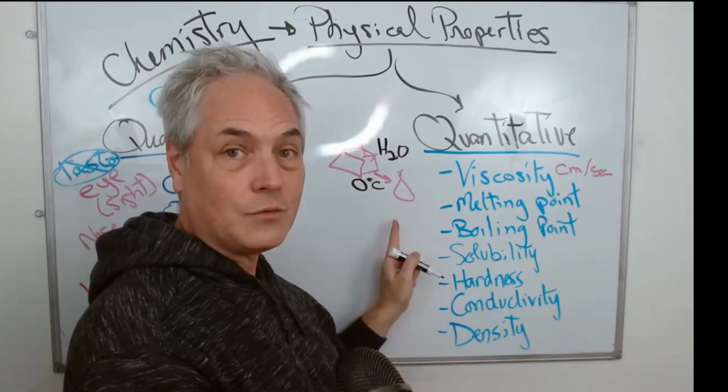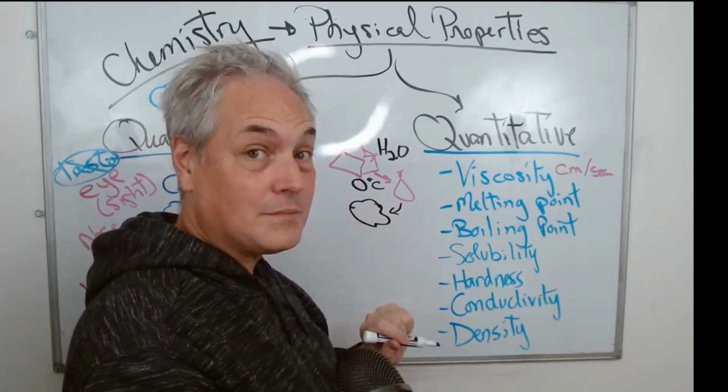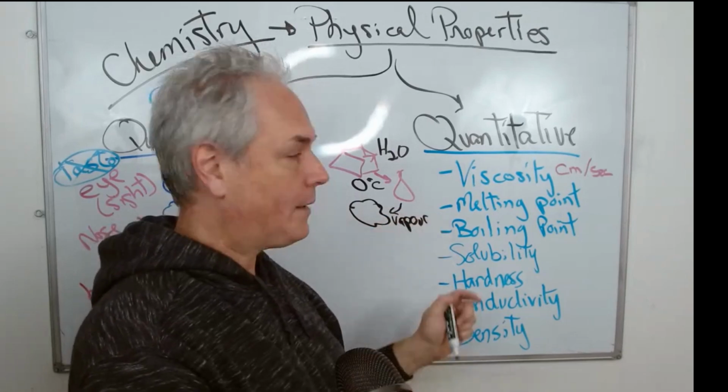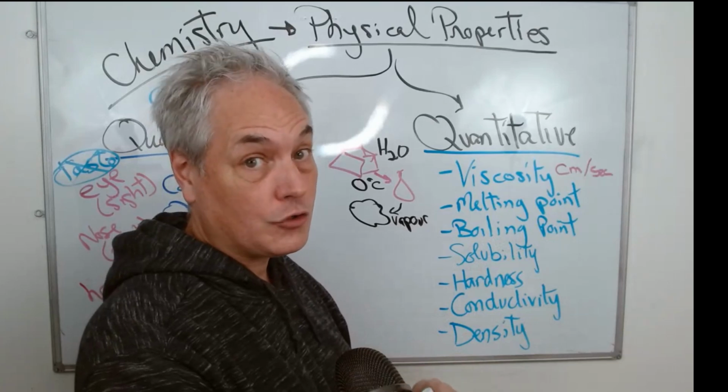If you have water and the water becomes vapor, what will happen here is we have a boiling point, and this is happening at 100 degrees Celsius.